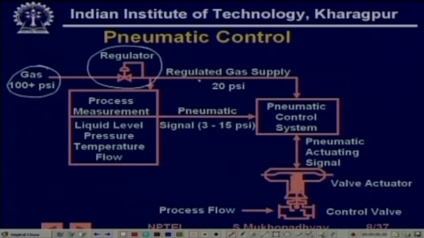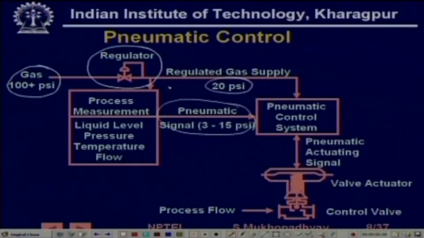After that you get the gas at the pressure that your equipment will require. Similarly, you can also have pneumatic signal feedbacks using things like I2P converters, current to pressure converters. So, you can have pneumatic feedback signals from various sensors, and then you can have a pneumatic control system.